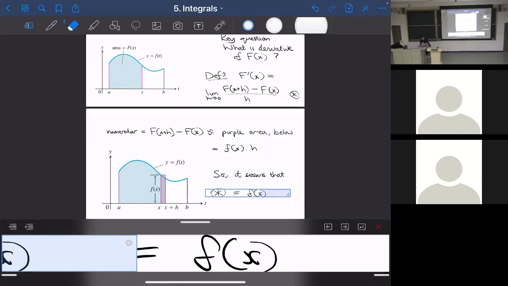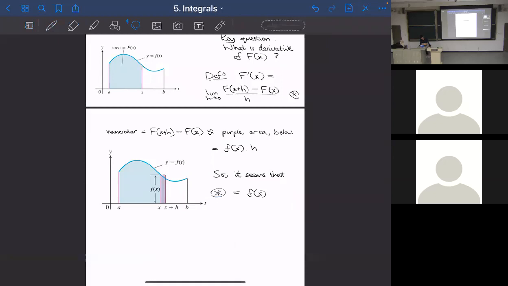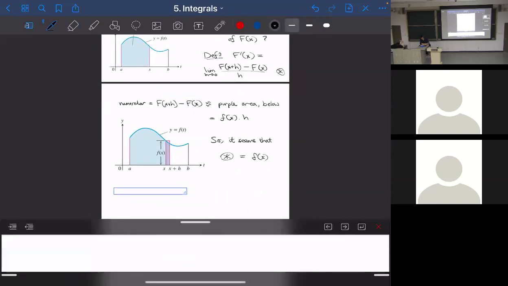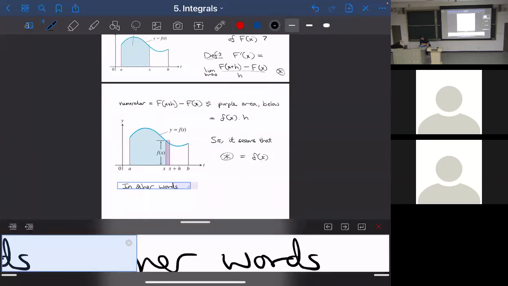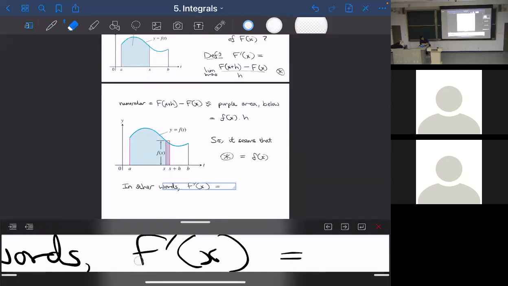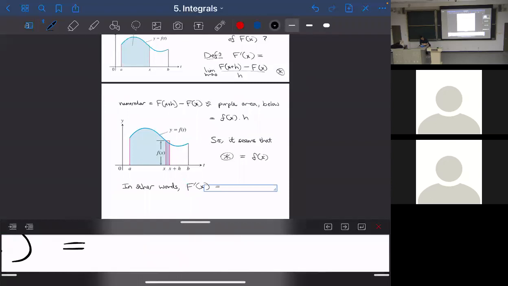So if our calculation is approximately right, we should get f of x. In other words, F prime of x, so the derivative of this function big F that we made, should be the original function little f.